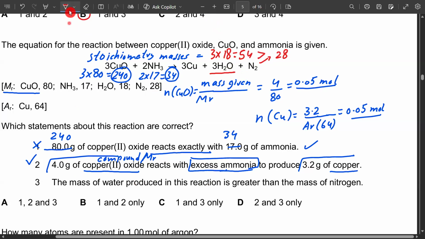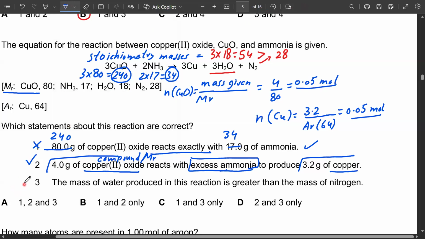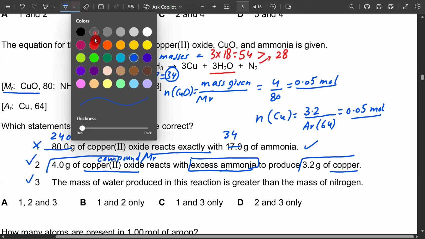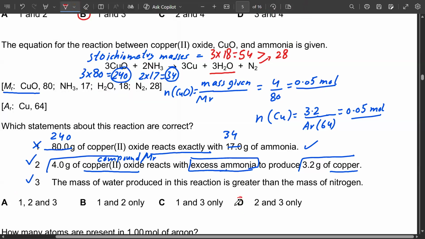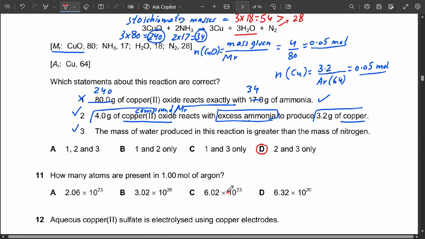So this third statement is also correct. So both second and third statements are correct, which means the correct option is D. D is the correct option. I hope it's clear to everyone.